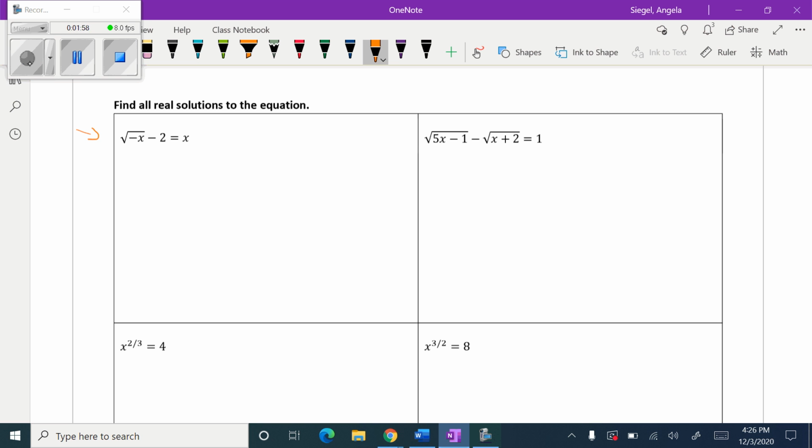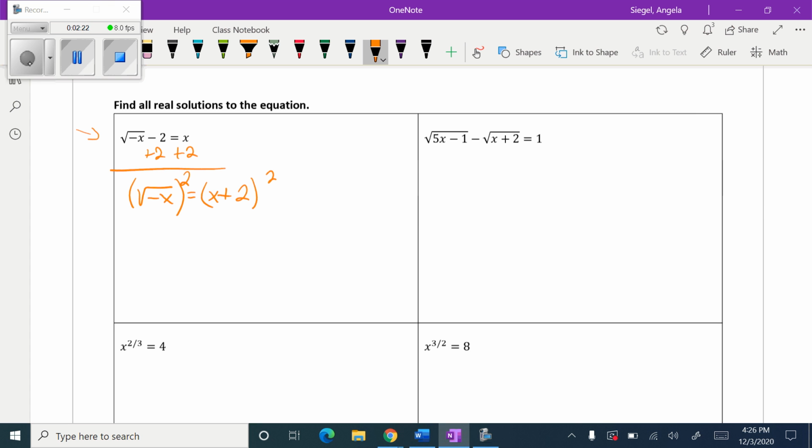Okay, so when I come to this problem, the first thing I'm going to do is isolate the square root. So I'm going to add 2 to both sides, and I get this. I'm always trying to get the x by itself, so the best thing to do here is to square both sides.